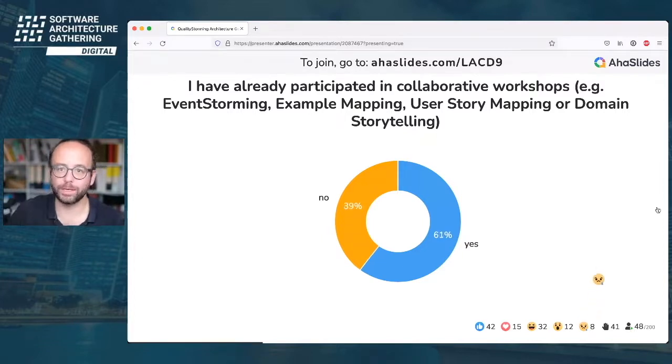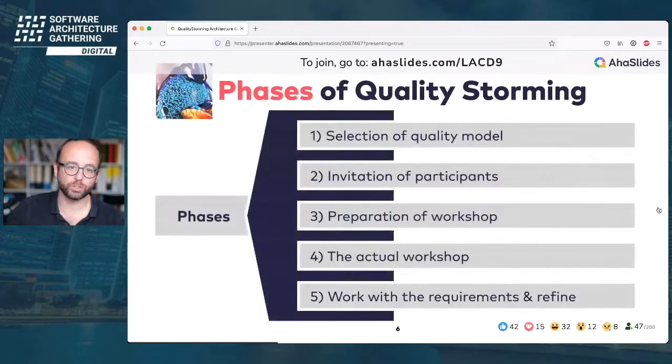And now I want to jump into the actual part, the quality storming workshop. So basically, you have quite a few phases that you should run through. The first phase that I would suggest to you folks is select a quality model, because it gives you structure for such a workshop.